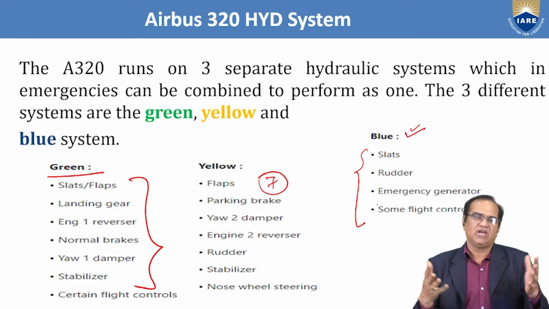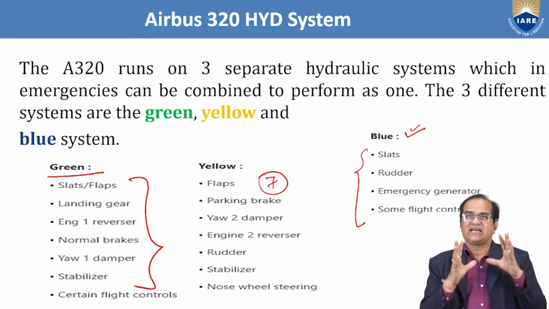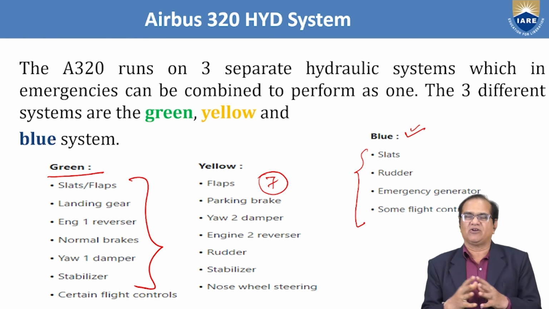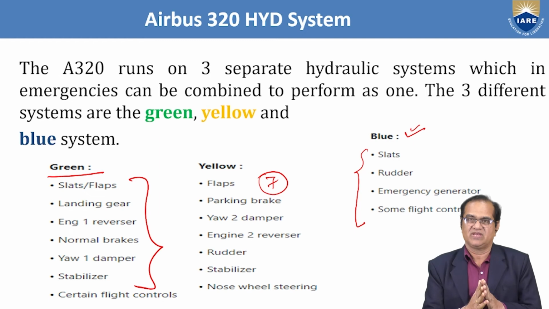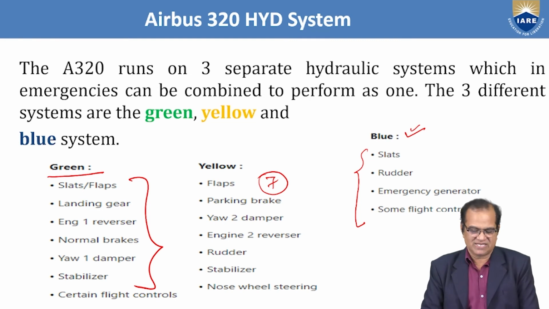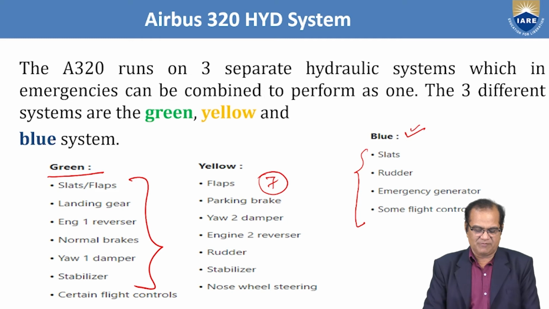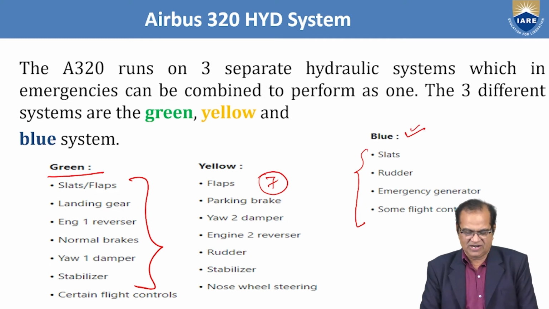So I think we can understand that the green, yellow, and blue hydraulic systems are operating different systems, not the same. For the green, it is slats, flaps, landing gears, engine 1 reverser, normal brakes, yaw 1 damper, stabilizers, certain flight controls.